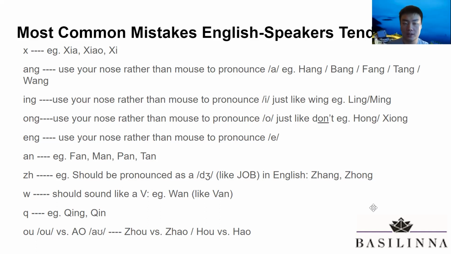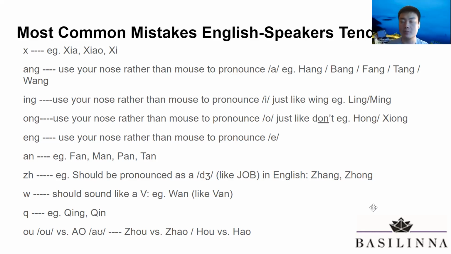Okay, let's take a look at the next one. You could pronounce o from your mouth, right? Let's try to pronounce it from your nose. Just like don't, don't. So this is ong.